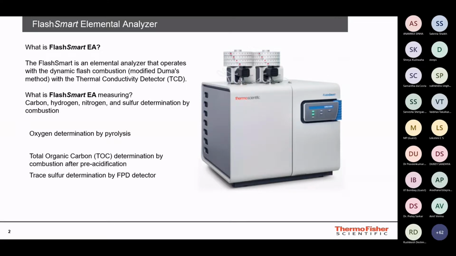The TCD is the default detector, and the FPD is the external detector. The range of analysis for carbon, hydrogen, nitrogen and sulfur is from 0.01%, which means 100 ppm, up to 100%. You can analyze all four elements as well as oxygen, so five elements in total. Below that, if you require it for sulfur, then the FPD detector comes into the picture.